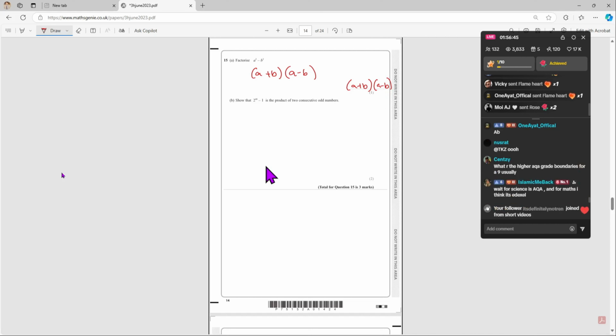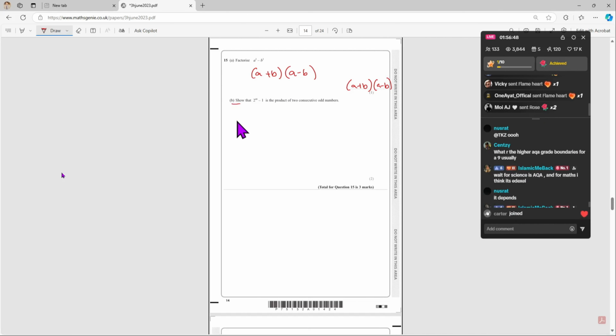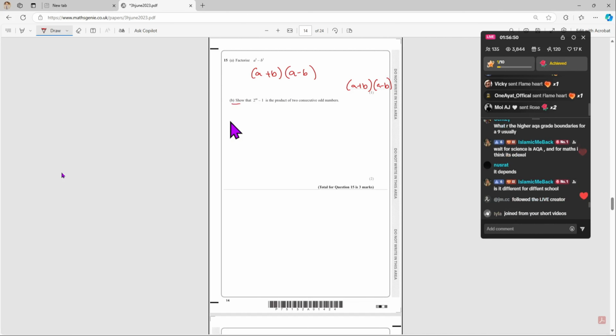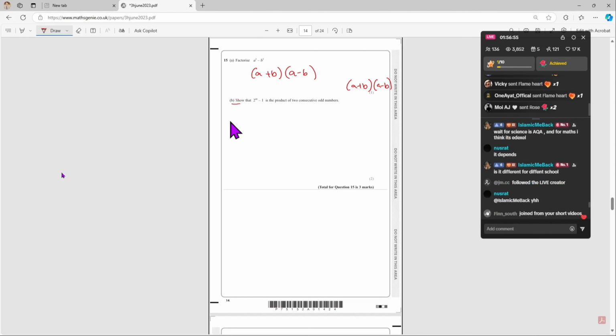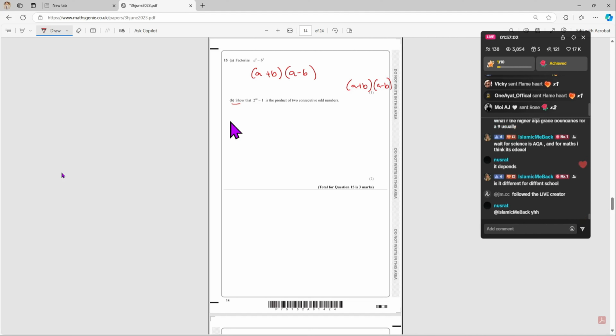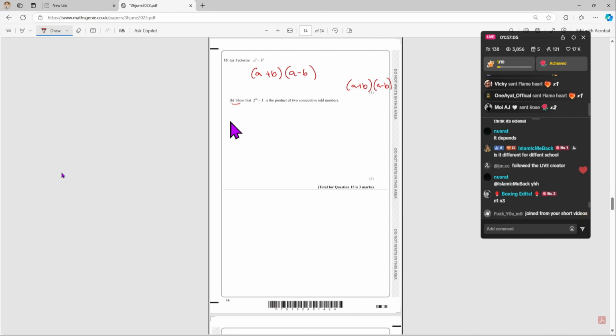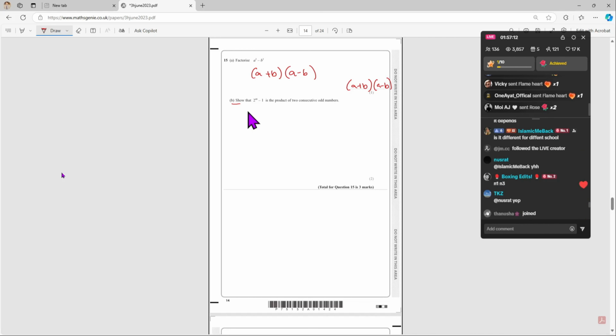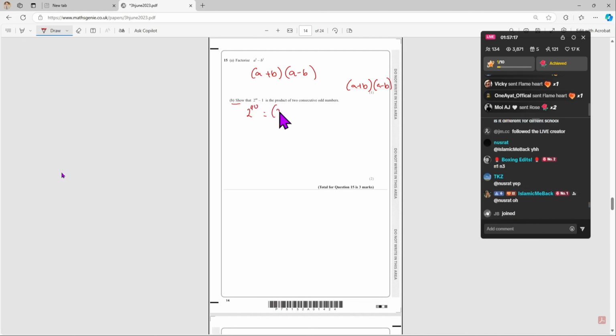So now it says show that 2 to the power of 40 minus 1 is the product of two consecutive odd numbers. We have to do another question on proving. What you would do first of all is simplify 2 to the power of 40 to 2 to the power of 20, with a 2 on the outside.